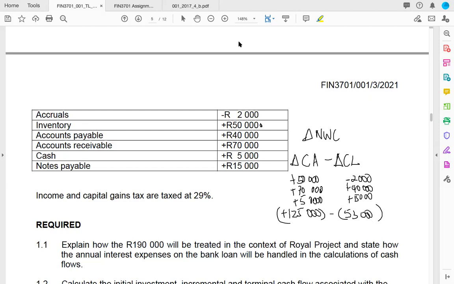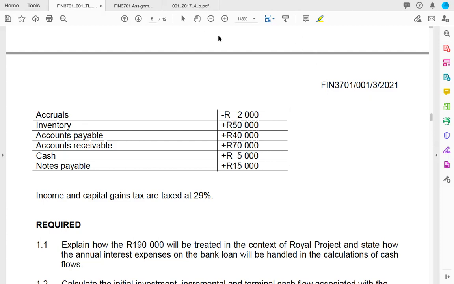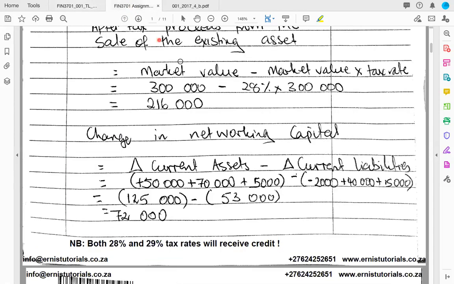Let's just double check if these are the same amounts, 125 and 53. If these are the same amounts that we got here, yeah, 125 and 53, and then we just subtract those two. Just be careful with your calculator and the signs, and then we get a change in net working capital of positive 72,000, right?